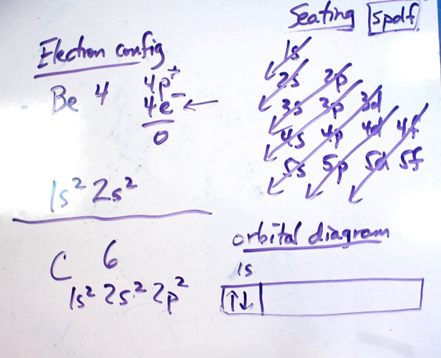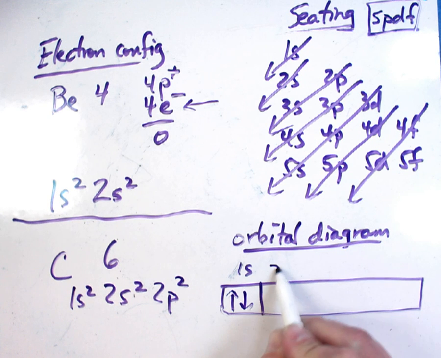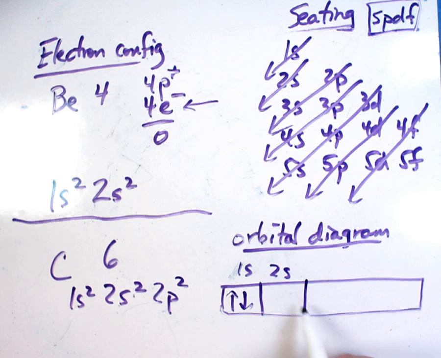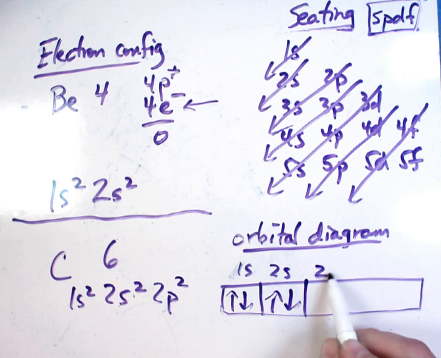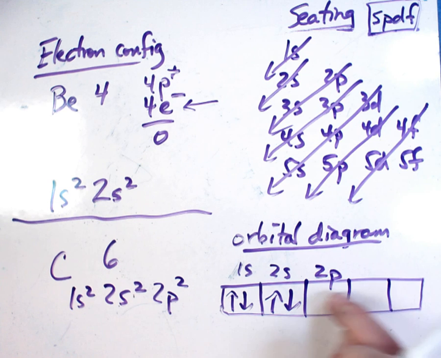Yeah, they look like that. 2s holds 2. That's one box, and it holds 2. 2p was 3 boxes. If you're not sure what I'm talking about, look back at your picture from the last video, but it holds 3 boxes. Do you remember how do you put 2 electrons in 3 boxes? Do you put them together? No. You break them up. That shows exactly how the electrons are set up.